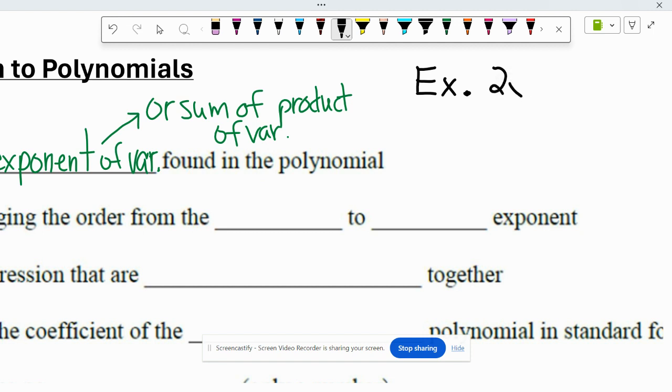So if I have 2x minus 3x squared, what is the largest exponent attached to a variable? What's the largest exponent that's hooked to a variable term? 2. Exactly, 2. So that means that this is degree 2.